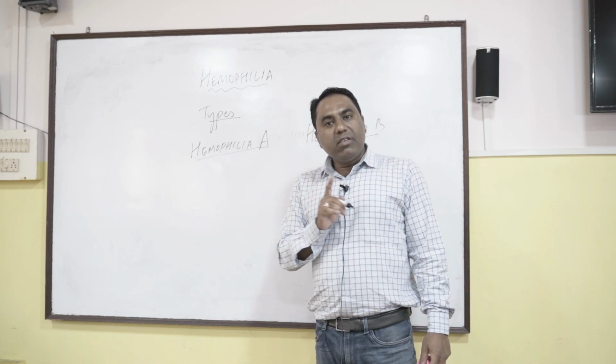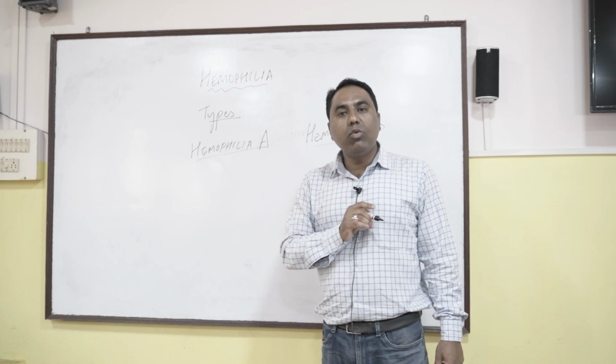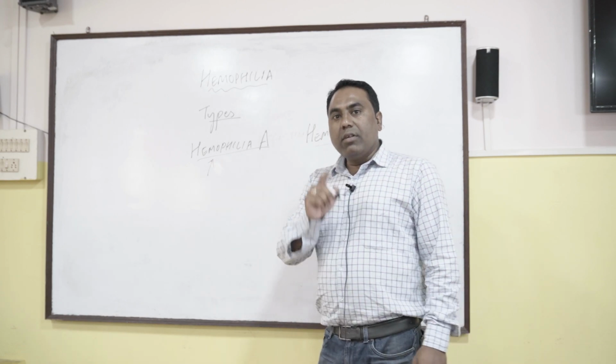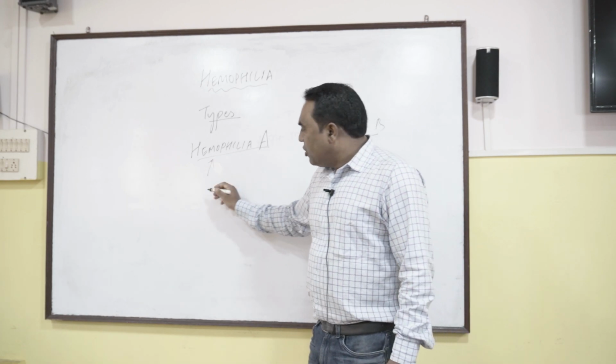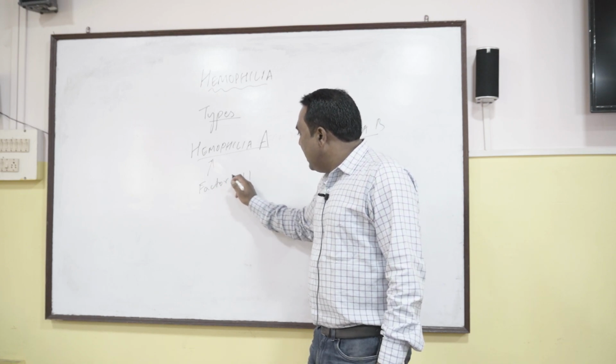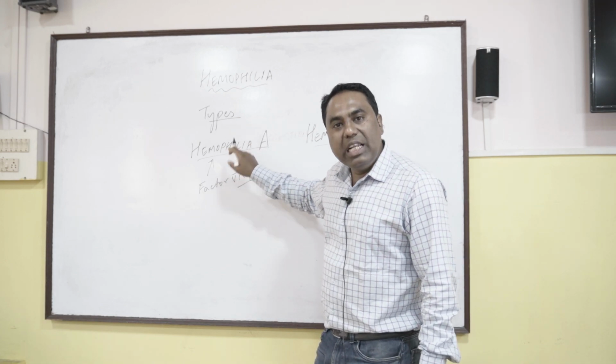If there is a deficiency of only factor number 8, that is blood clotting factor number 8, that is known as hemophilia A. Let me repeat: deficiency of blood clotting factor 8 leads to a disorder known as hemophilia, but the type is hemophilia A.